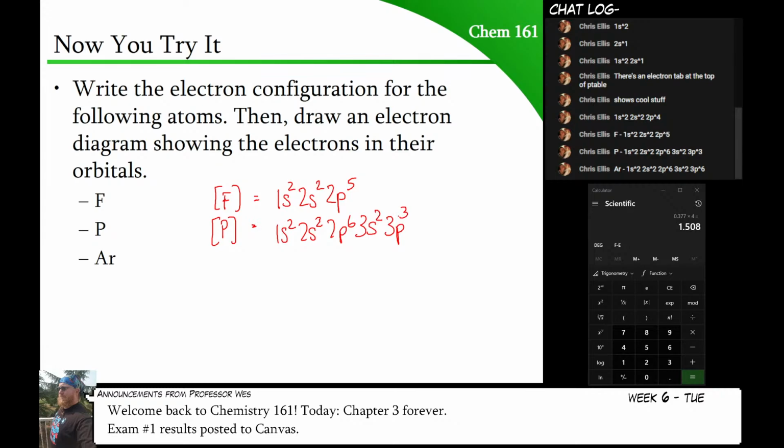I need 3 more. Basically, when you're checking these, when you sum all of these numbers together, you should get the total electron count, right? So that's a good check, just to be sure that you've done this right, because you should have the same number of electrons.